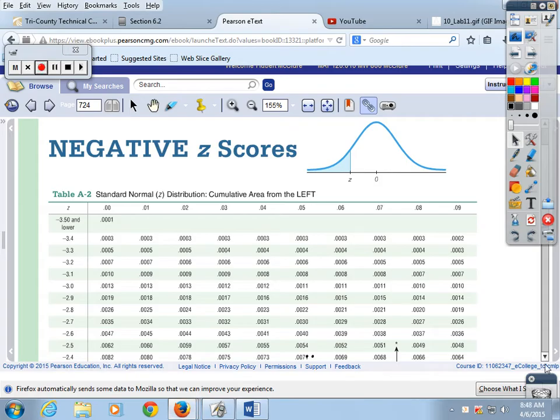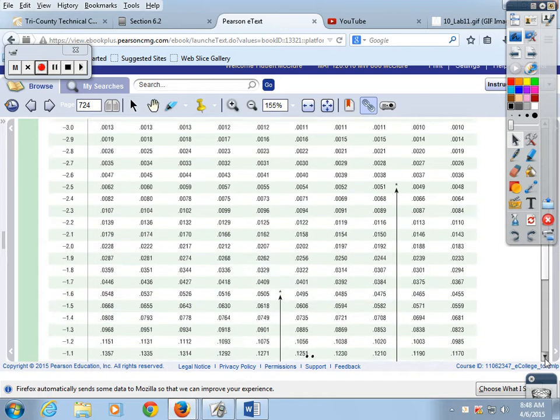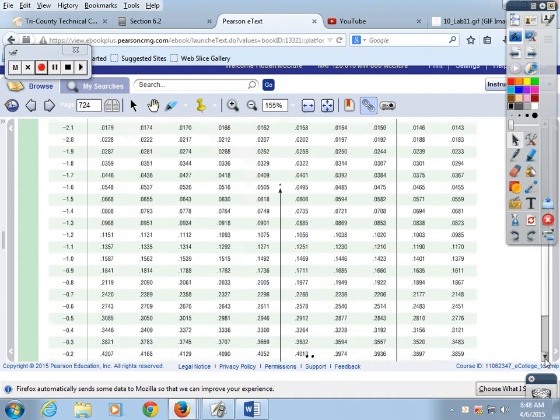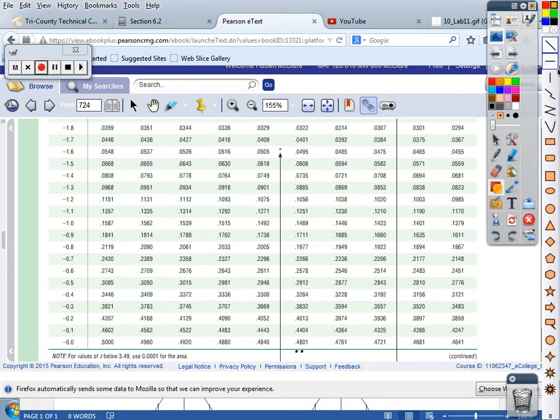So we look down here, and I'm looking for 0.2358, and I see 0.2358 right here, and I go with my handy dandy line maker.